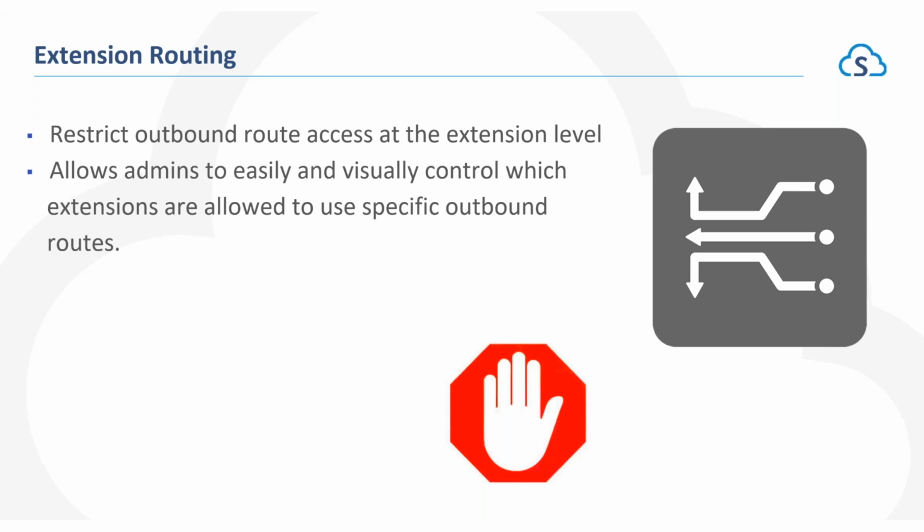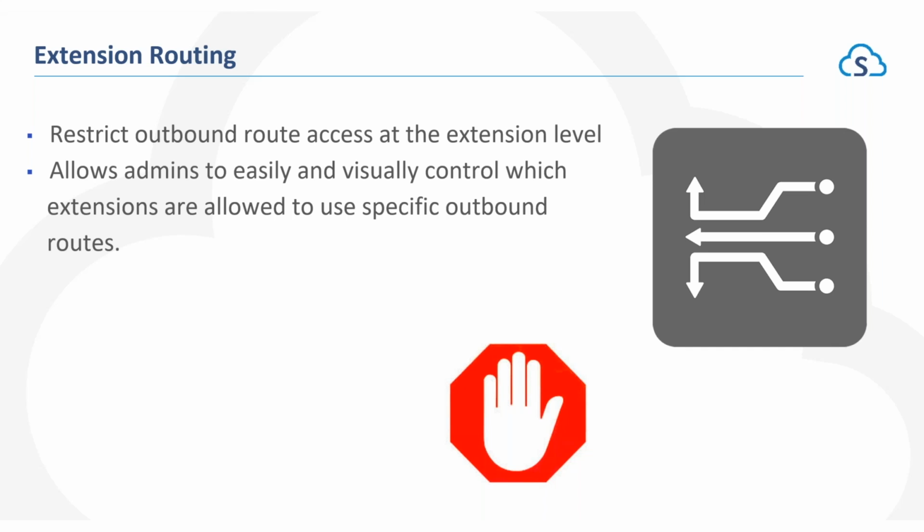Extension Routing. This can be important if you need to restrict outbound routes for any extension. Think, for instance, of a classroom or a lobby, if there is a phone there. You don't want people to pick up that phone and dial outside of the organization, or where it's not allowed, specifically international or very expensive telephone numbers.